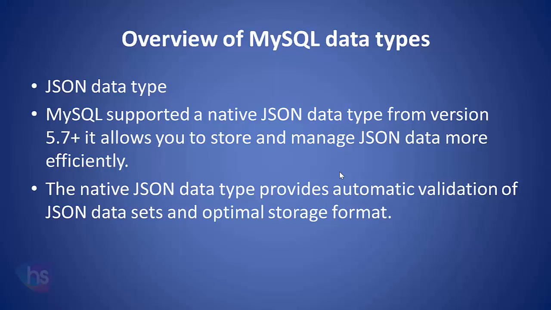The native JSON data type provides automatic validation and an optimal storage format. Similar to how we store XML documents, likewise in the JSON data type. JSON is very lightweight, and a bunch of data occupies very little data space.